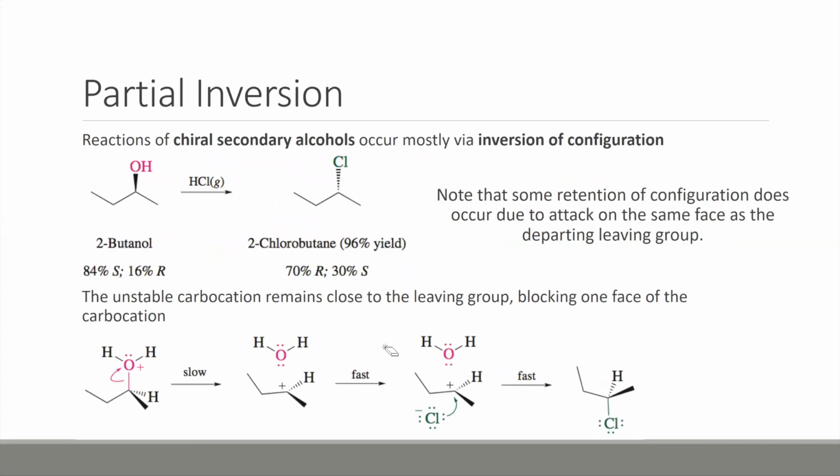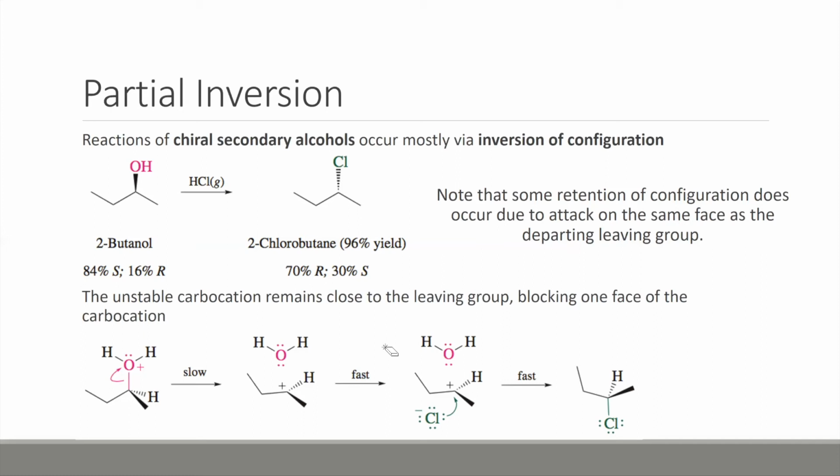Now, during this reaction, there are some key things that can occur in our product. One happens to deal with chirality. So understanding chirality and its relation to a substitution reaction is very important because chirality is affected.